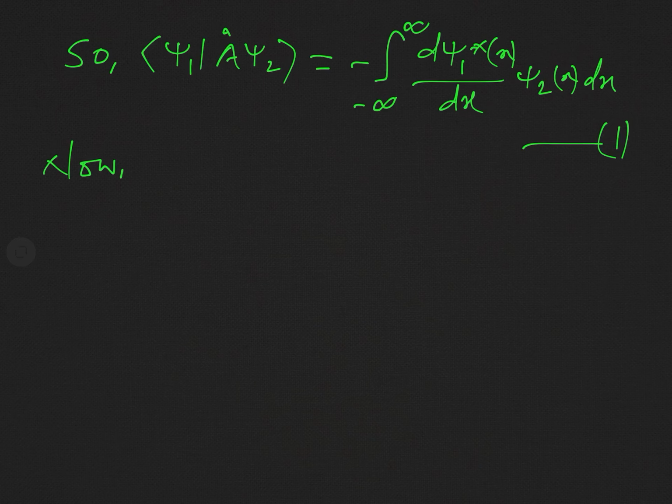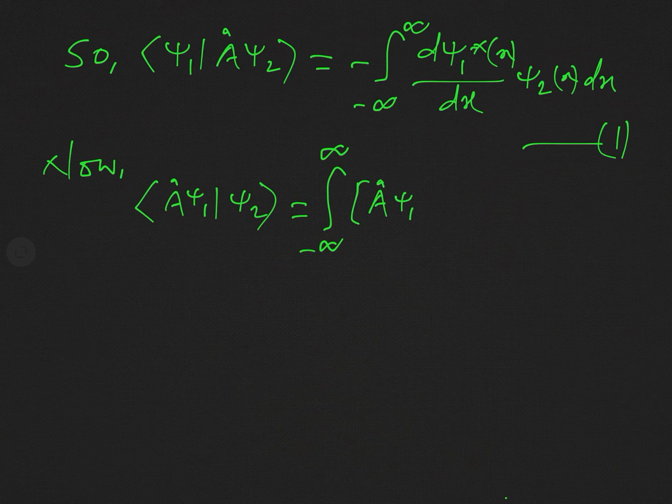Now we will simplify bracket a hat psi 1 psi 2. Again, from the definition of a scalar product, we know it will be integral from minus infinity to plus infinity a hat psi 1 of x star psi 2 of x dx.